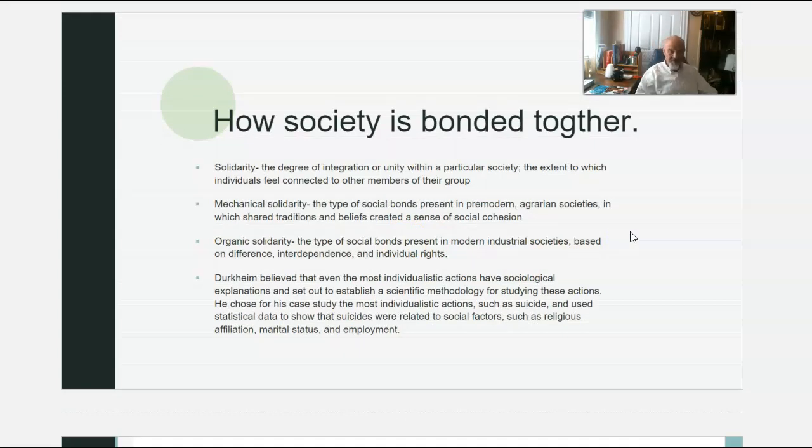And there are some different elements of how society is bonded together. Solidarity is the degree of integration or unity within a particular society, the extent to which individuals feel connected to other members of their group. I'll give you an example. Now, again, we look at social patterns. We don't analyze the value of a particular perspective necessarily.